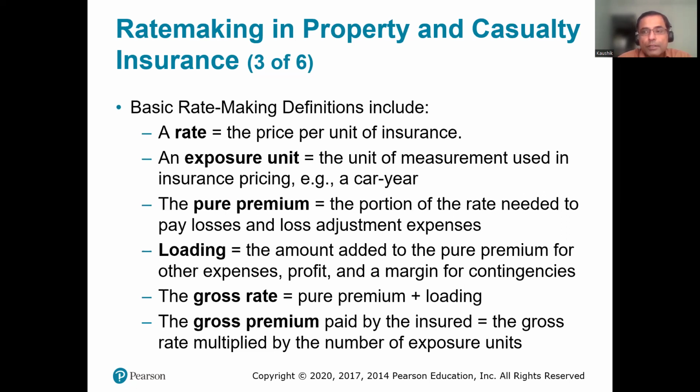Loading is over and above the pure premium in order to cover expenses and any contingencies. The gross rate is the sum of pure premium and loading. The gross rate is charged to the policyholder. So the gross rate is multiplied by the number of exposure units.